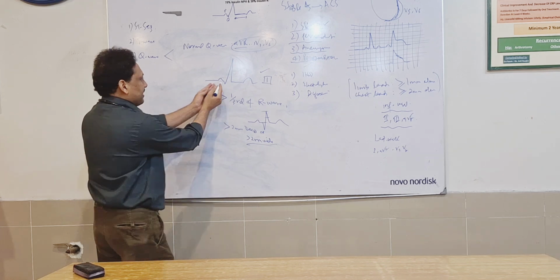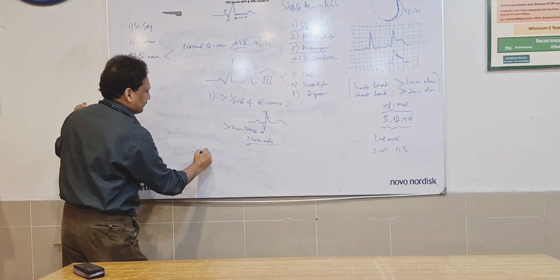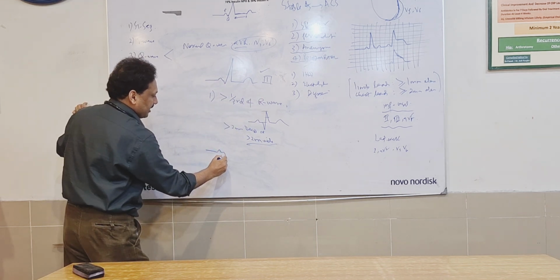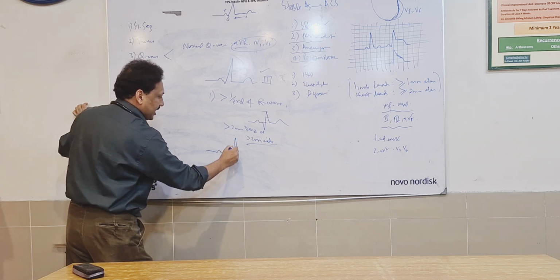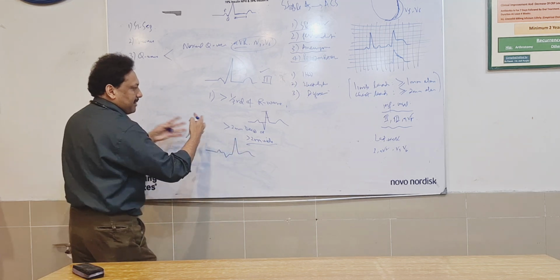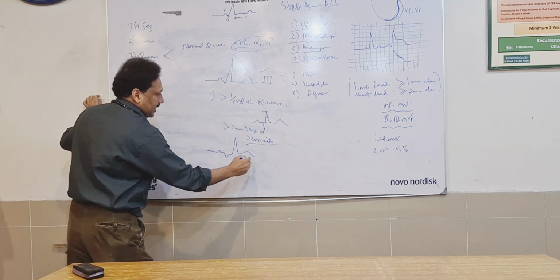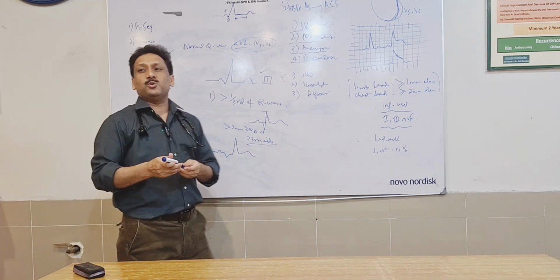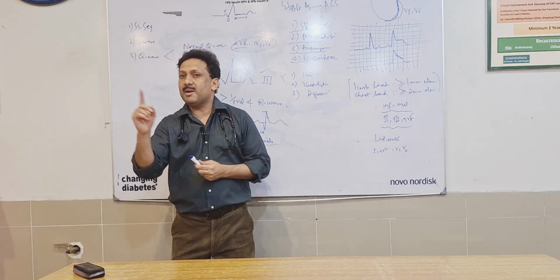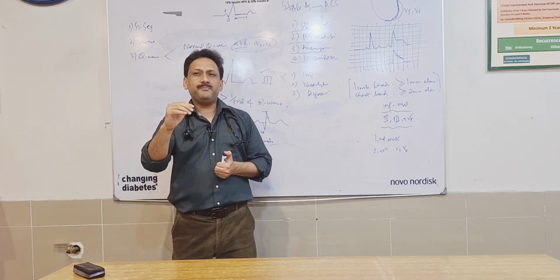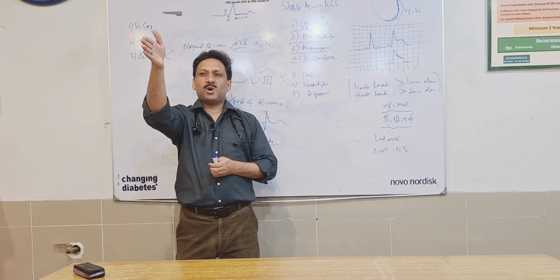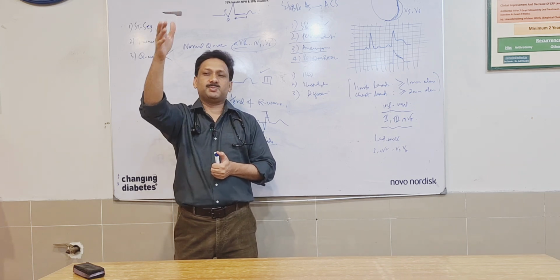I mean, if somebody has a wide Q wave like that, it is not that deep, but it is quite wide, again it is considered significant. Greater than 2 mm wide, and similarly, depth more than 2 mm. And when I speak the word mm, that represents one small box. 1 mm vertically, one small box. 2 mm, two small boxes. 3 mm, three small boxes.